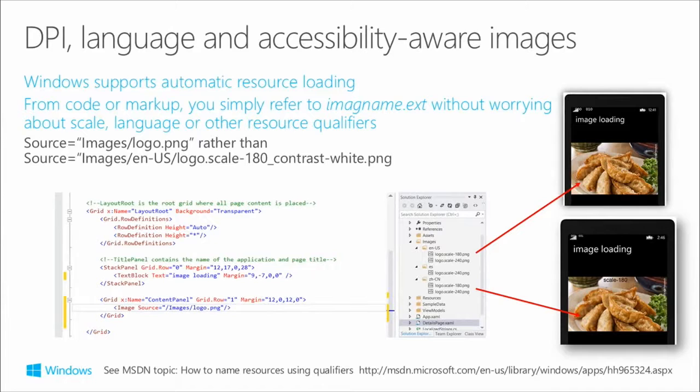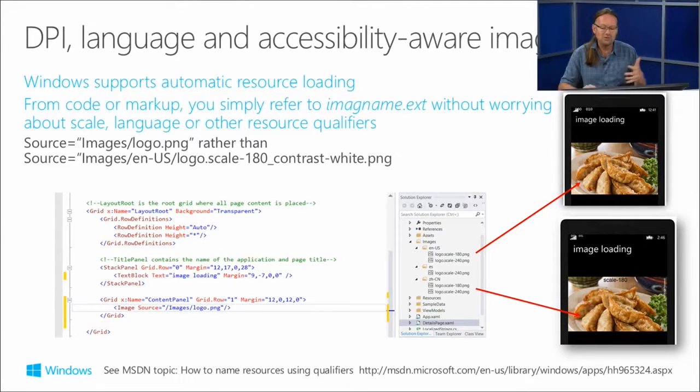And all of this is part of the resource loading that we saw with the images. You can see there we've got logo.scale-180.png, logo.scale-240.png. This is what Matthias was talking about for scaling of images. But you can also have locale dependent images as well, so you can work these whole things together.